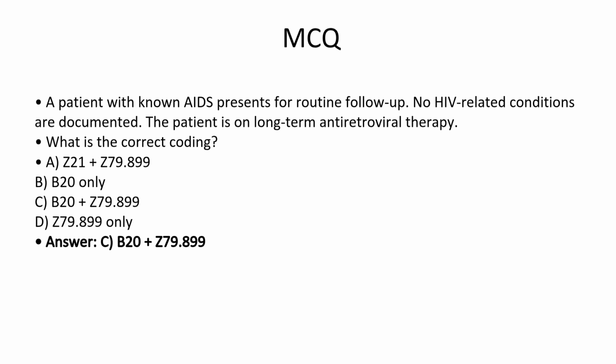Even though there are no current HIV-related conditions, since the patient is on long-term therapy, we also assign Z79.899. So the correct answer is C, B20 plus Z79.899. Z21 is incorrect because once AIDS is diagnosed, we never go back to Z21.